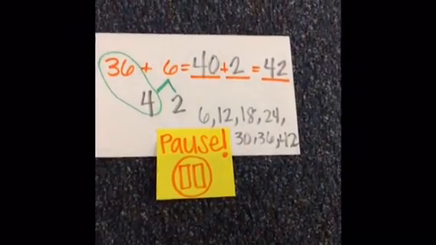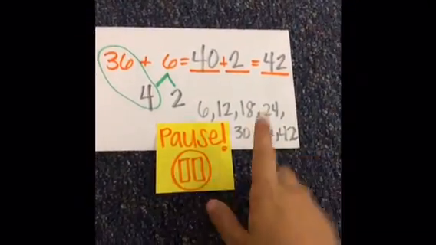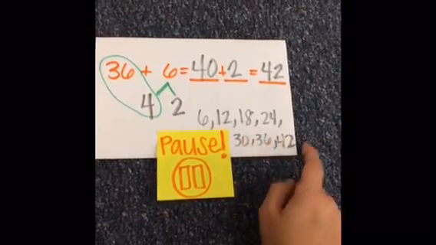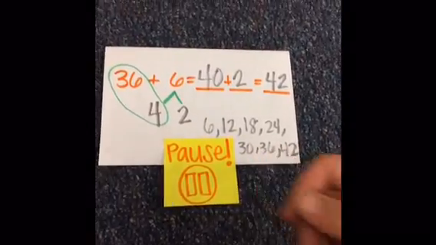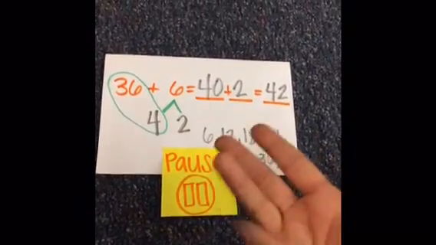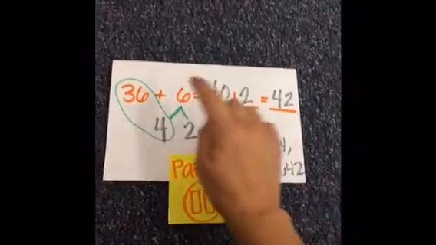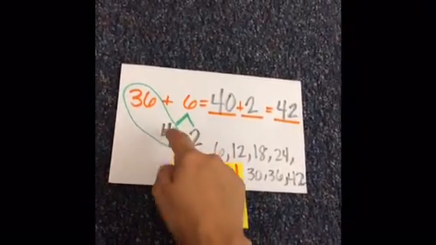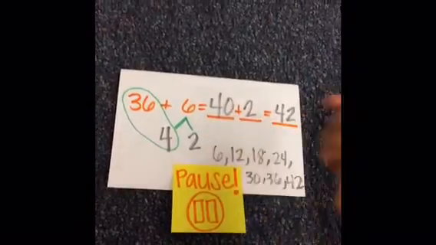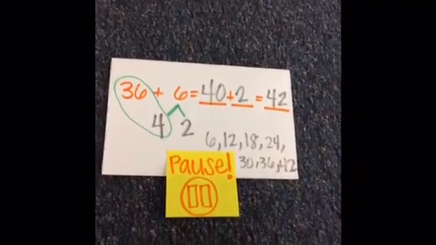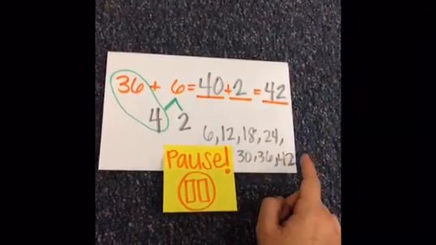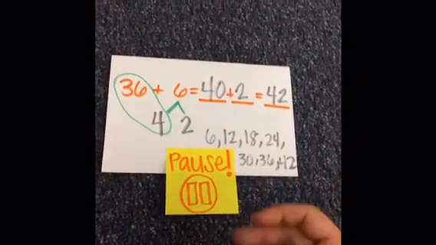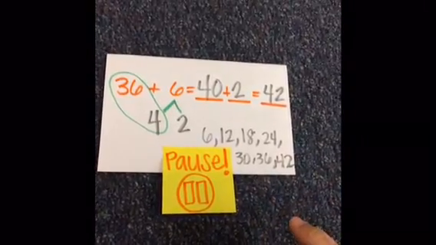Okay, these number bonds and decomposing sixes can really help you. So each time when you're adding 6 in your head, you don't have to go 36, 37, 38, 39, 40, 41, 42. You can just really quickly in your head know, I know 6 is 4 and 2, 36 and 4 is 40, and 2 is 42. Our goal is just to get you to skip count by sixes by adding quickly in your head, breaking these numbers apart.